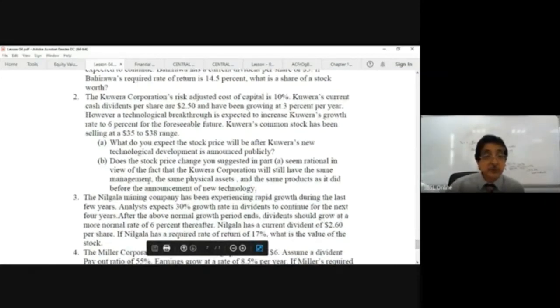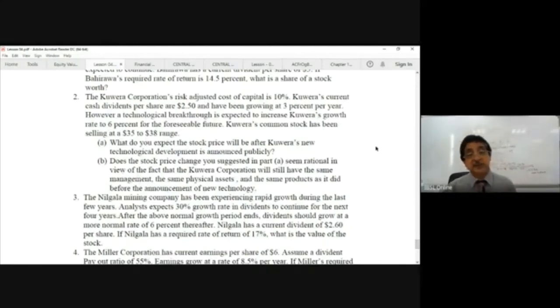So this is also a very analytical type of question. Again, it says, does the stock price change you suggested in part A seem rational in view of the fact that Quera Corporation will still have the same management, same physical assets, and the same products?